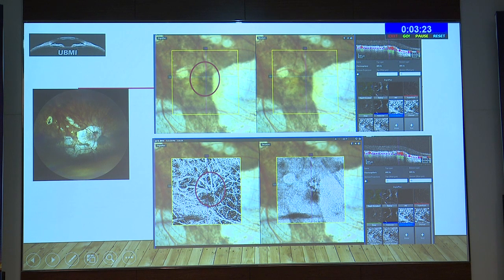I was not sure whether this was a CNVM, but when I correlated it with the fundus finding, this area became a myopic CNVM, which could be seen very well. So the correlation between these three, and the same area can be seen on the OCT also. This correlation is possible with the external software.